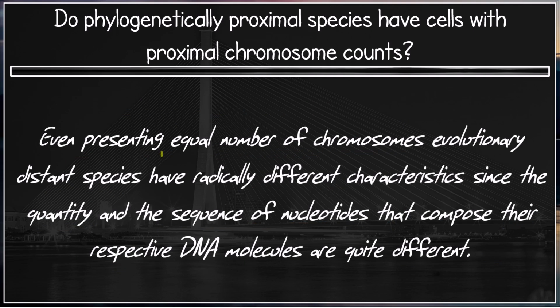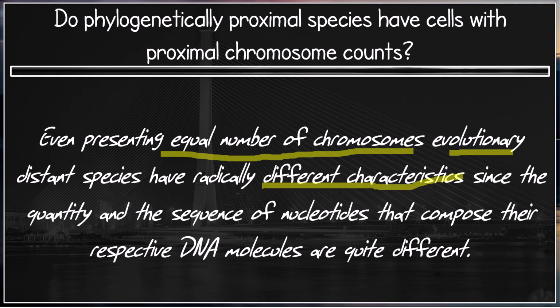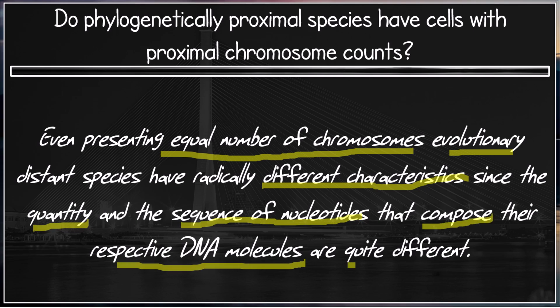Even presenting an equal number of chromosomes, evolutionarily distant species have radically different characteristics, since the quantity and the sequence of nucleotides that compose their respective DNA molecules are quite different.